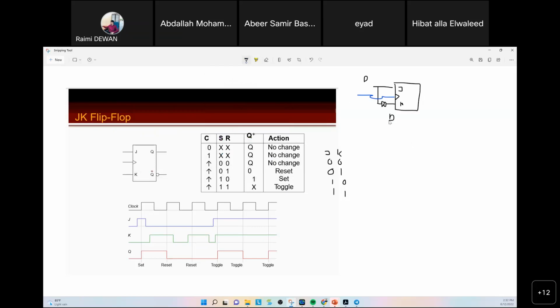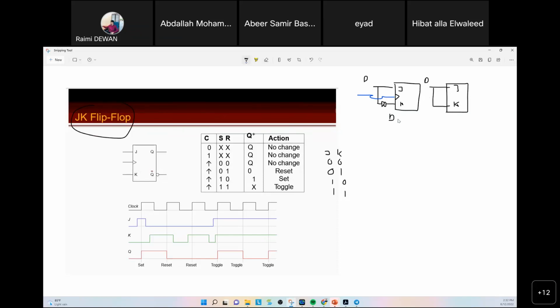But how can we obtain the T flip-flop? You just use the same D flip-flop, before we continue to JK. With J and K, you remove the inverter.